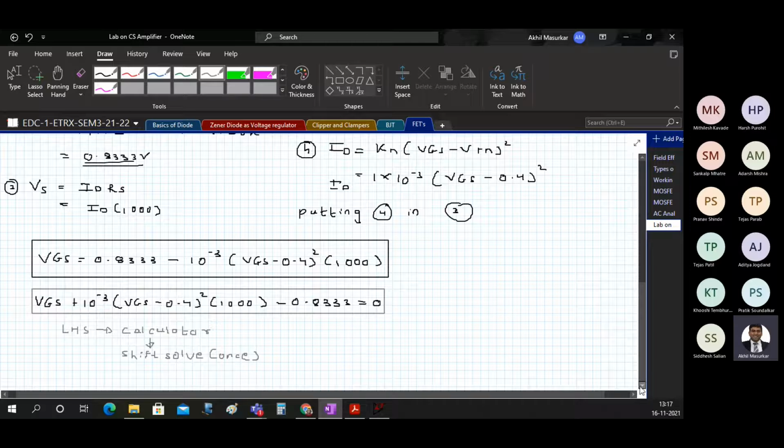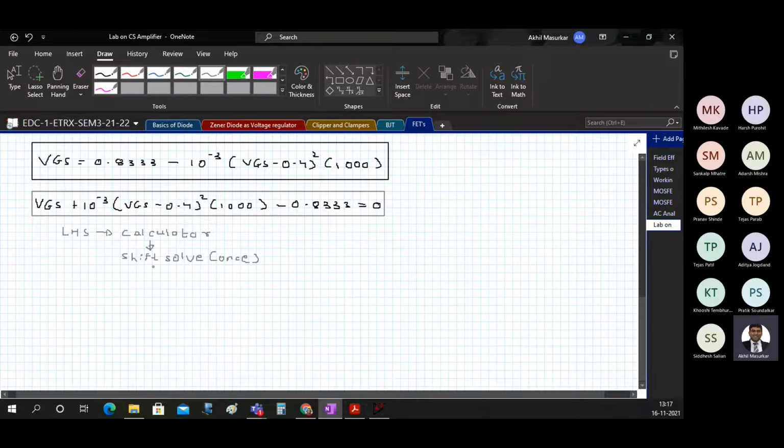Once you press shift solve, the calculator will ask you solve for x, then you will type 100 and press equal to, and you will get one value of VGS.